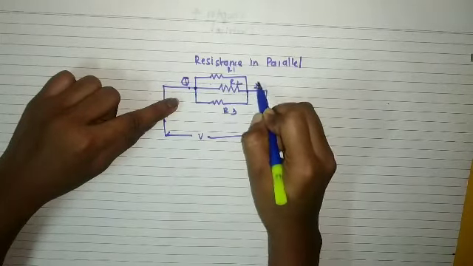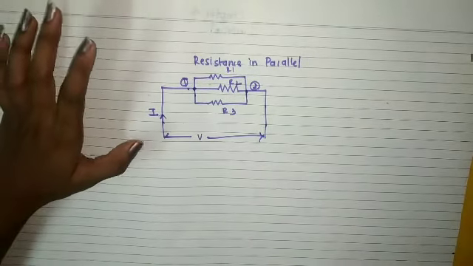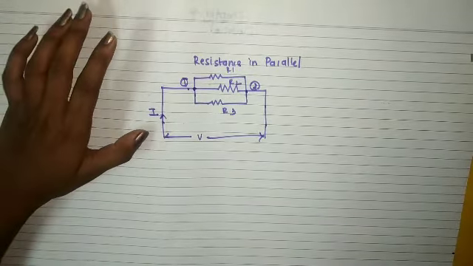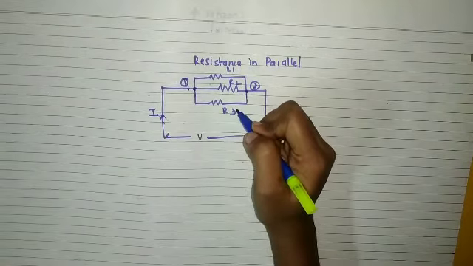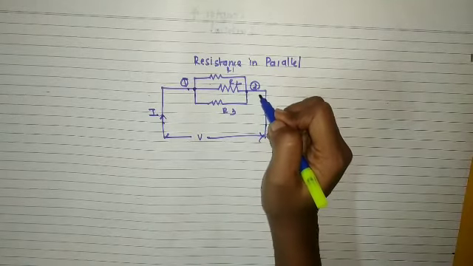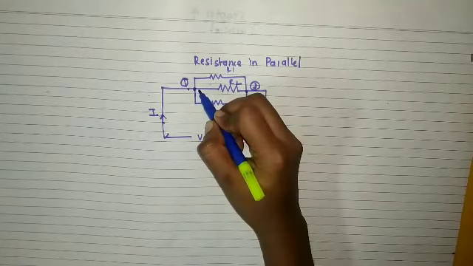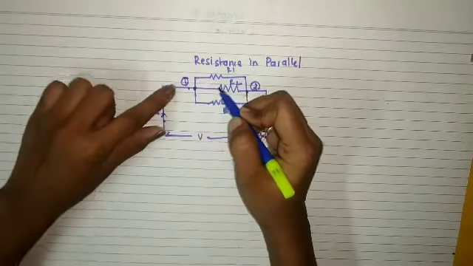this is point 2. So in parallel resistance, what is the condition? When two or more resistors are connected in such fashion that one terminal of each resistance is connected at one point. What is the meaning of this sentence?